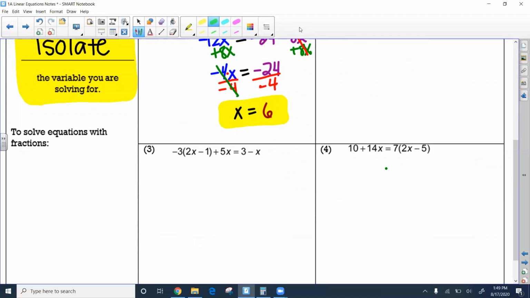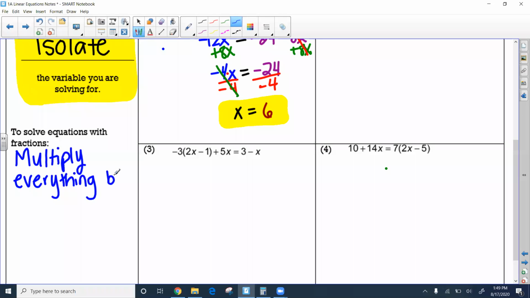So to solve an equation with fractions, if you have the note sheet, I'm writing off to the side over here. To solve an equation with fractions, we're going to multiply everything by the LCD to get rid of fractions.